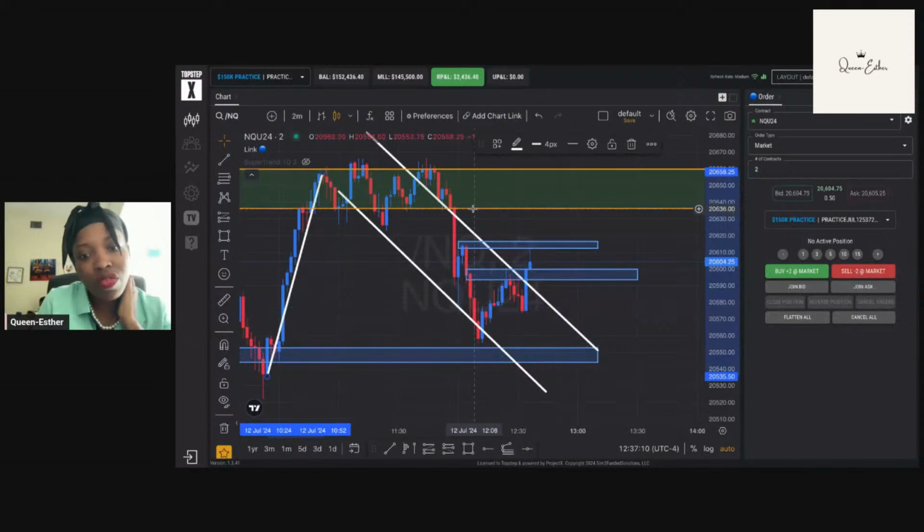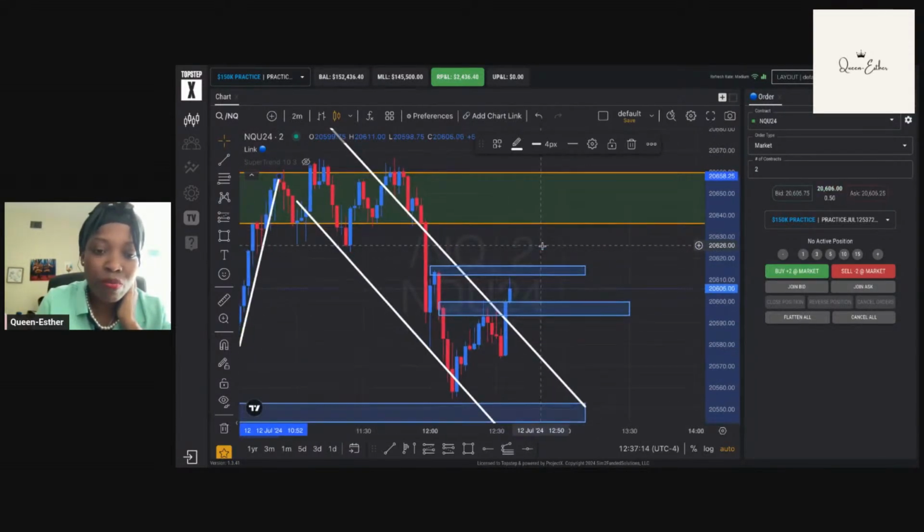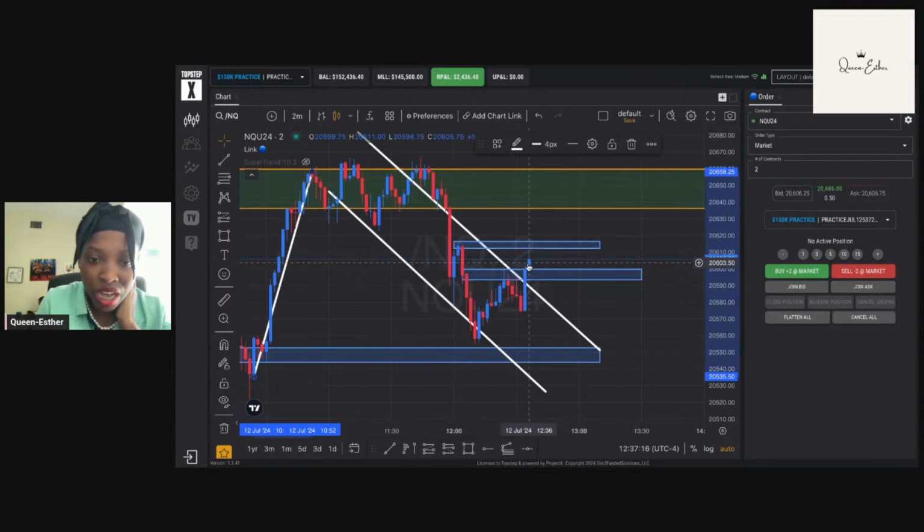You see that? That's a flag pattern. And when it breaks, this is a very powerful breakout. It's a double bottom, as you can see right here. It looks like a W, okay? And then there's this engulfing candle that didn't engulf one previous candle, but it engulfed all four.